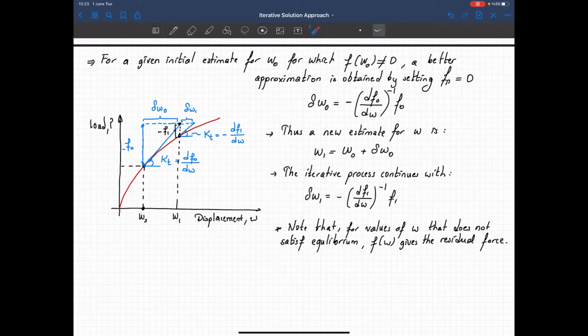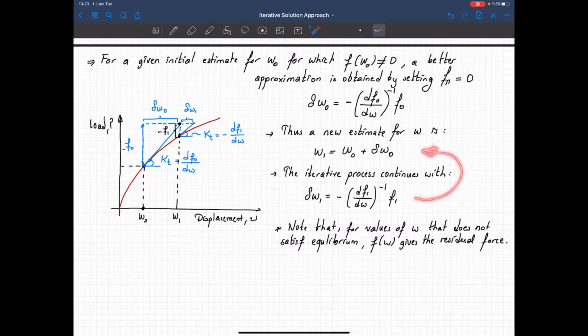So when we put the W that we calculated into the main function, we get this residual force. Now, by using that residual force and the slope at the current state, we will be calculating the better approximation for the W. Now, this iteration continues like that.